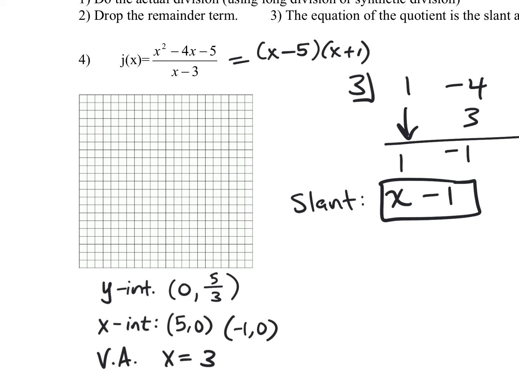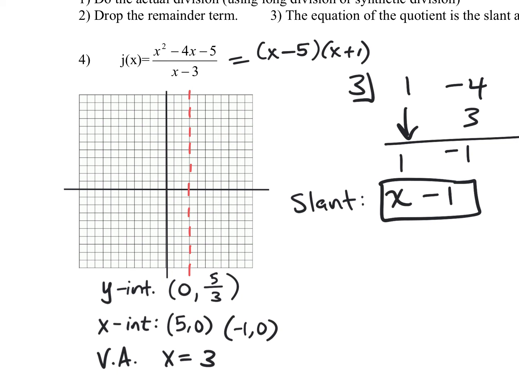So let's at least set up the structure here before we try to plug in and figure out what else is going on with our graph. So I'm going to start by plotting my vertical asymptote at +3. So let's see, 1, 2, 3. Again, using dotted lines just because that tells us that it's not really part of the function itself.